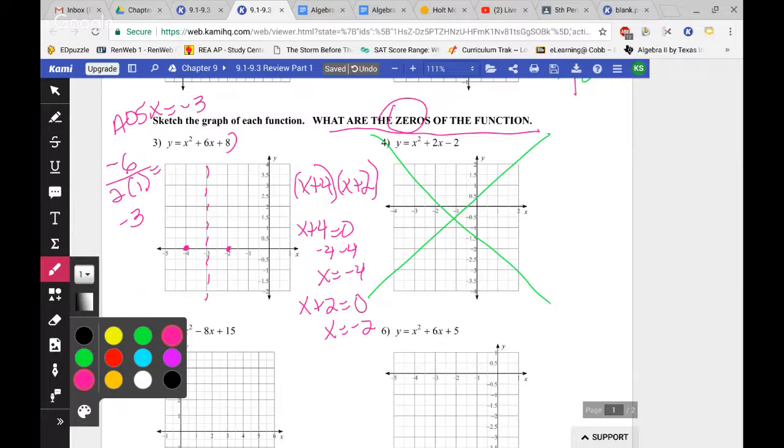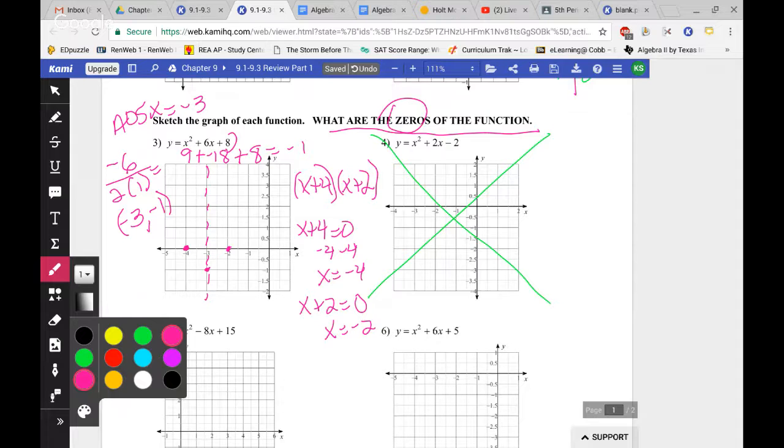And to find the y coordinate, I would plug this -3 back in here. So -3 squared is 9, plus 6 times -3 is -18, plus 8. So 9 plus -18 is -9, plus 8 is -1. So my vertex is -3, -1, which is right here.